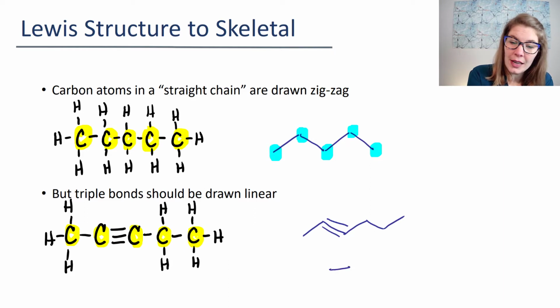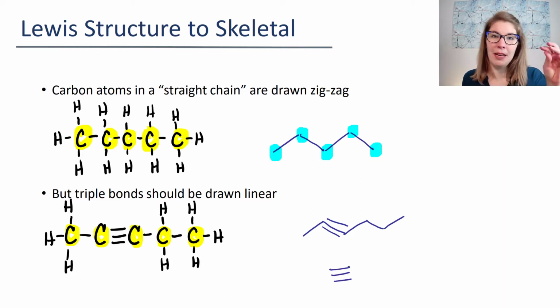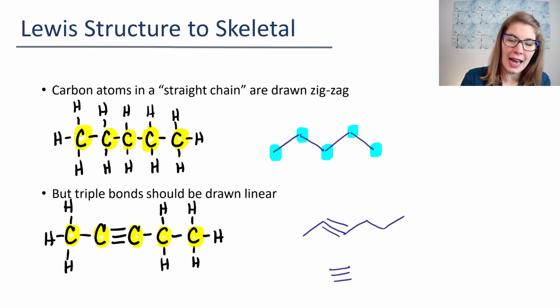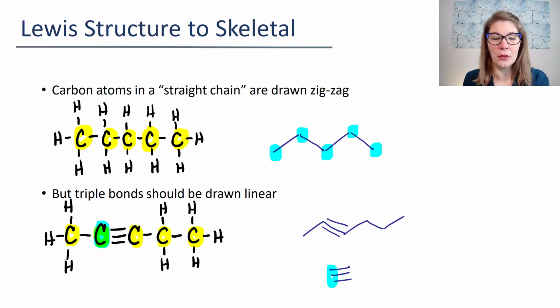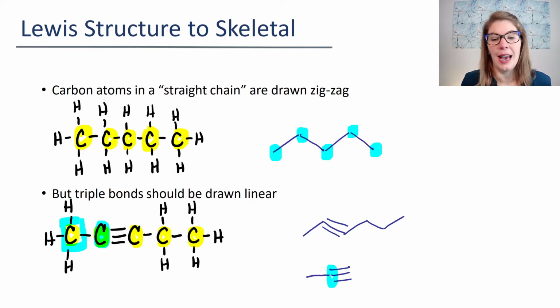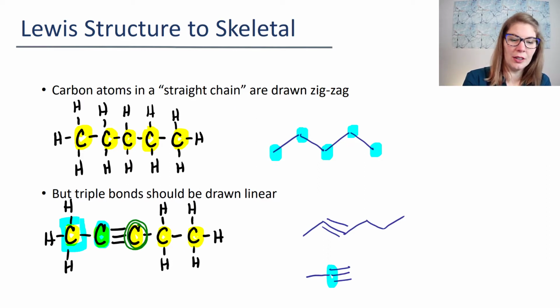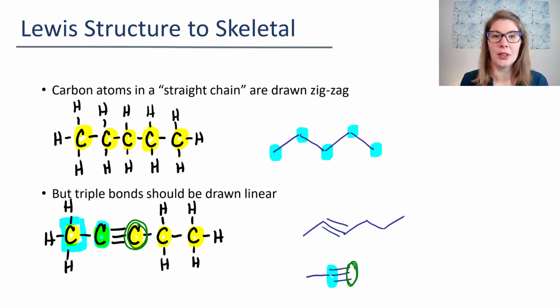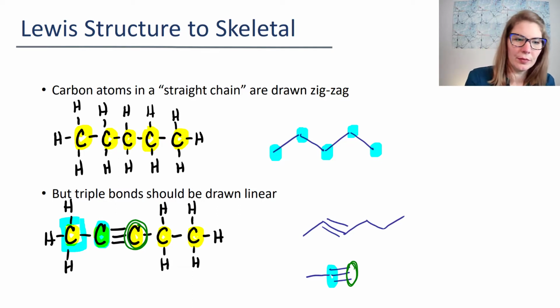What you can do is start with your triple bond and make sure that it's drawn in a linear fashion and say, hey, here's my triple bond. I have 1 carbon right here, which is the carbon that I just highlighted over in my Lewis structure. And that carbon has 1 CH3 attached to it, so I know I have 1 CH3 that way. Then my other carbon, right here that I'm circling in green, is going to be over here where I'm circling in green on my Lewis structure, on my skeletal structure.